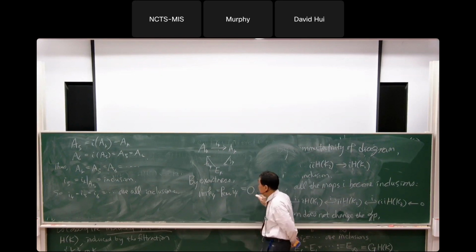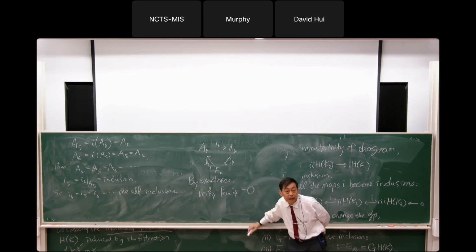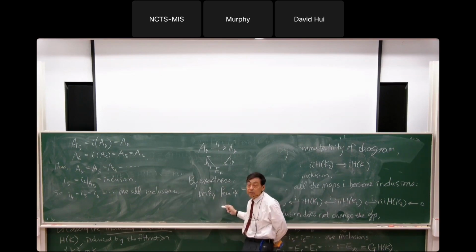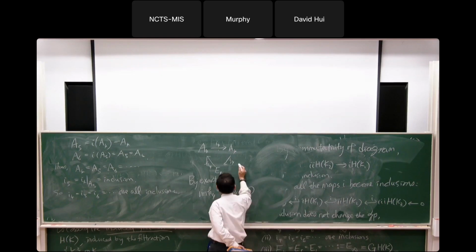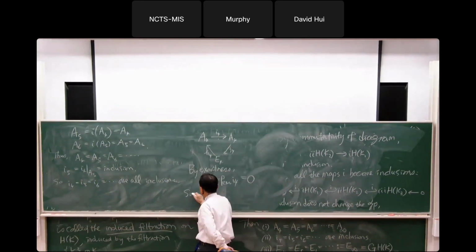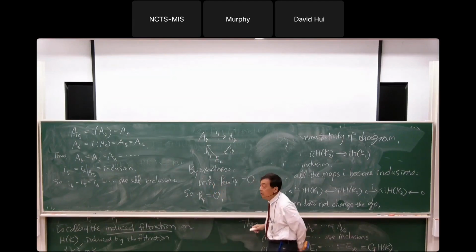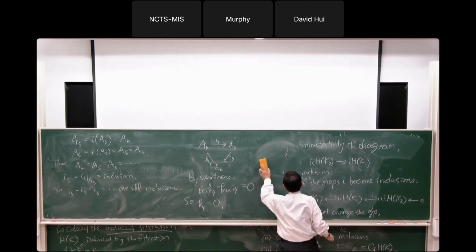Because I4 is an inclusion. And so that says K4 is the 0 map. And what is D4?